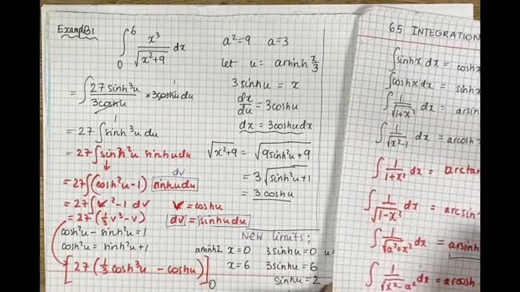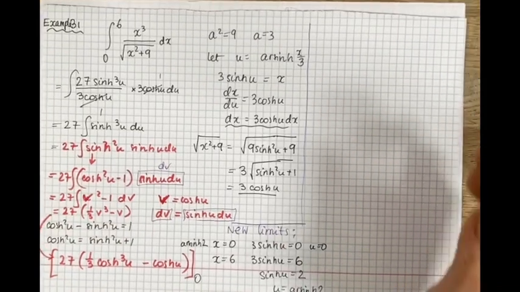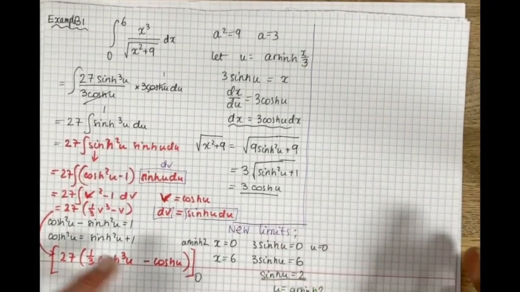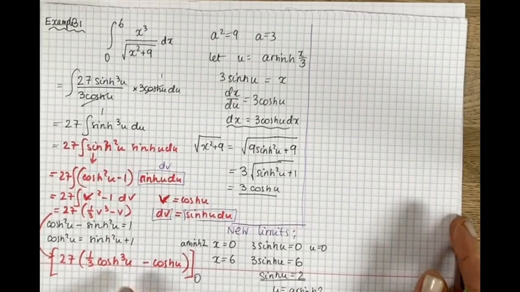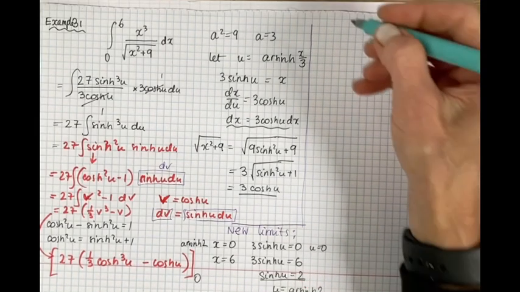Okay, so let's now find what we are dealing with. At the moment I know that sinh u is equal to 2 on the top. I'm dealing with the top limit. Now if you want exact answers, what you want to do is work out what cosh u is if sinh u is 2.